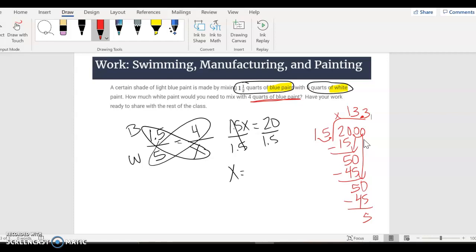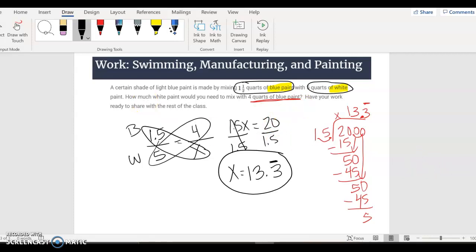So we simply indicate that that number is going to repeat by putting a line on top of it. So we know it's going to take 13.3 repeating quarts of white paint to mix with our blue paint.